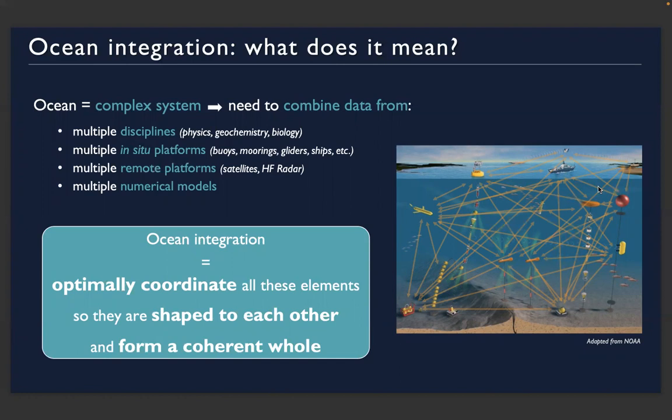So ocean integration could be defined as the process to optimally coordinate and combine all these elements together so they are shaped to each other and form a coherent whole. And when I say a coherent whole, I mean that they represent, in the best way possible, the oceanic processes, including all the different aspects.